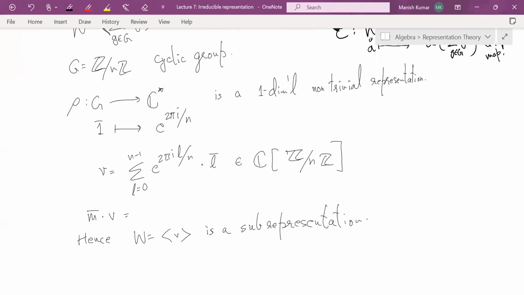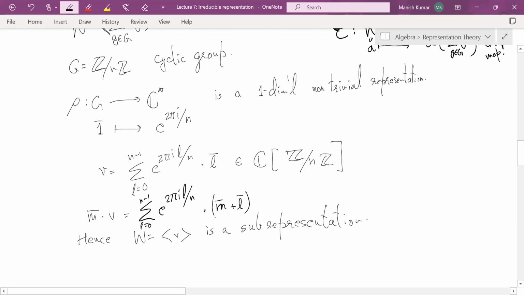By definition, it doesn't do anything to the coefficients. So the sum over l equals 0 to n minus 1 of e to the power 2 pi i l over n, times m bar dot l bar. But here the group operation is addition in Z mod nZ, so this is m bar plus l bar.